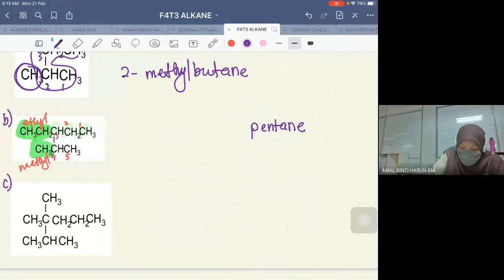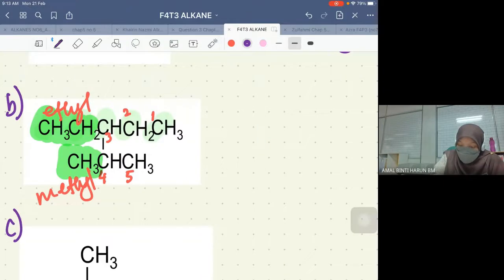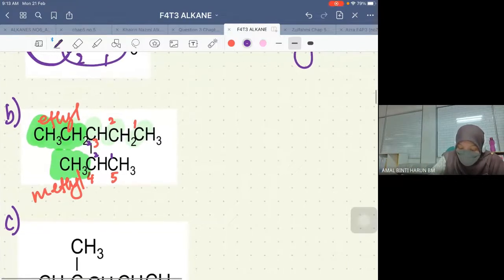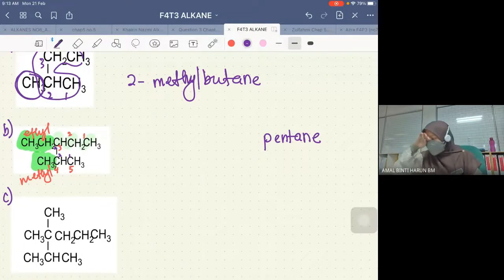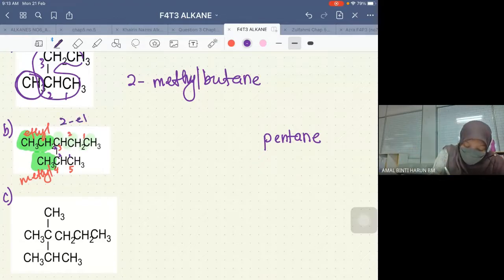Okay, ada tak cara numbering yang lain? 1, 2, 3. Sama je kan? So it's optional. Kita nak buat 2-ethyl, 3-methyl, ataupun kita ada option lagi, 2-methyl, 3-ethyl.